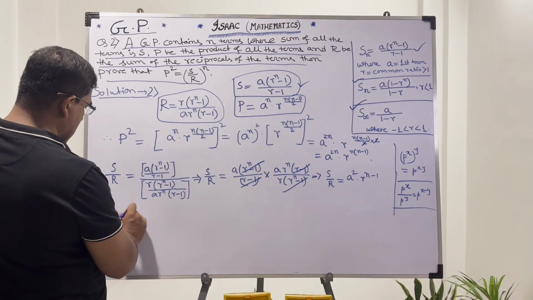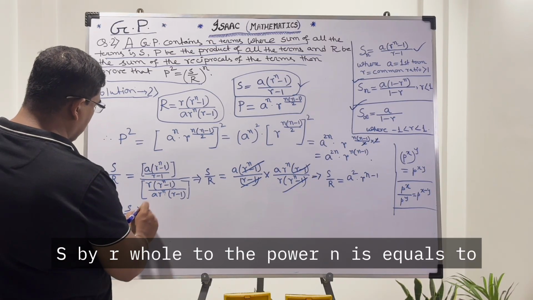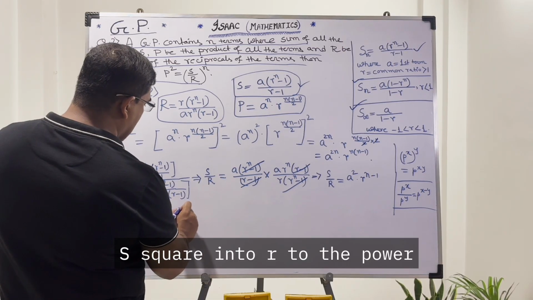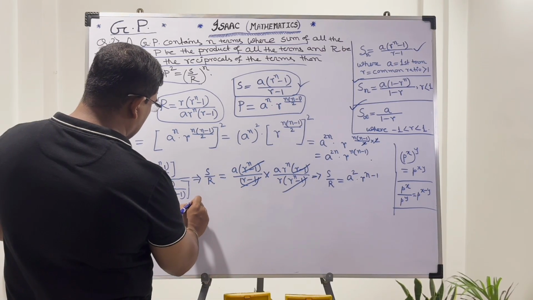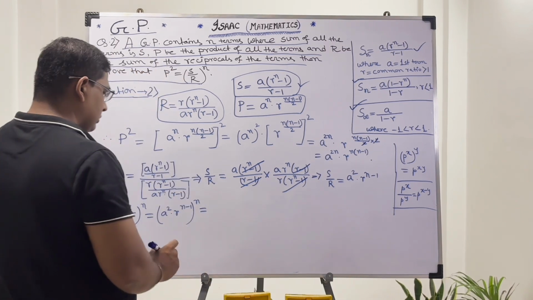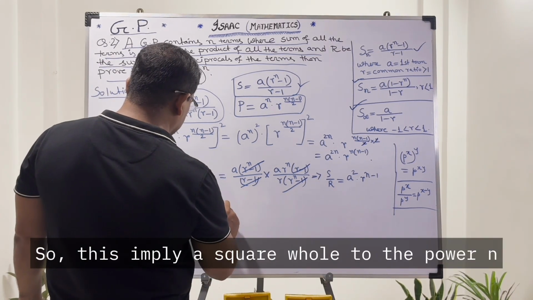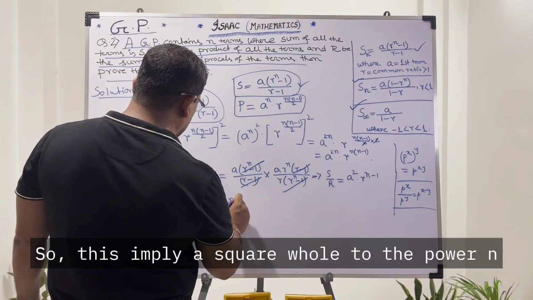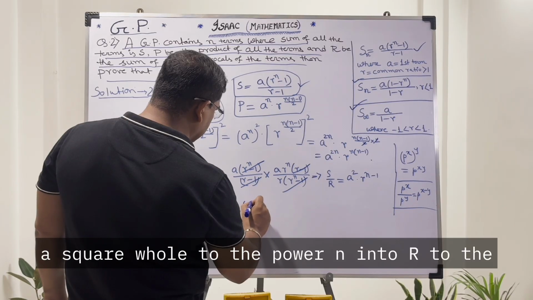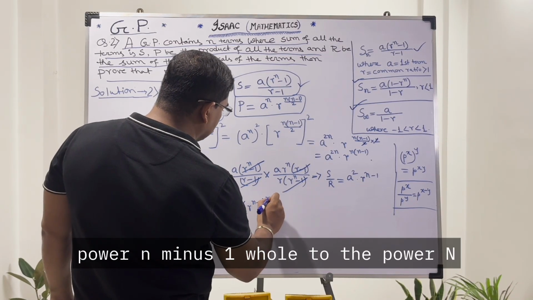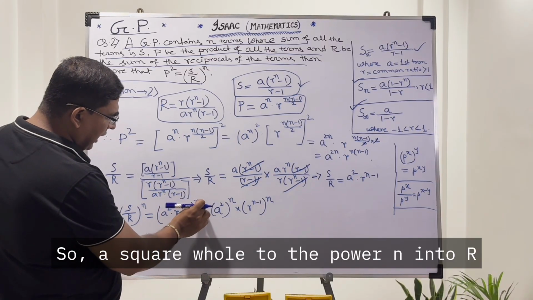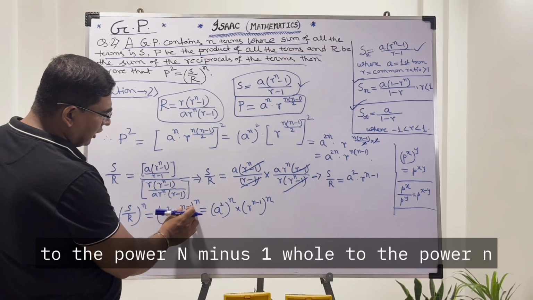So, S by R whole to the power n is equal to A square into R to the power n minus 1 whole to the power n. So, this implies A square whole to the power n into R to the power n minus 1 whole to the power n.